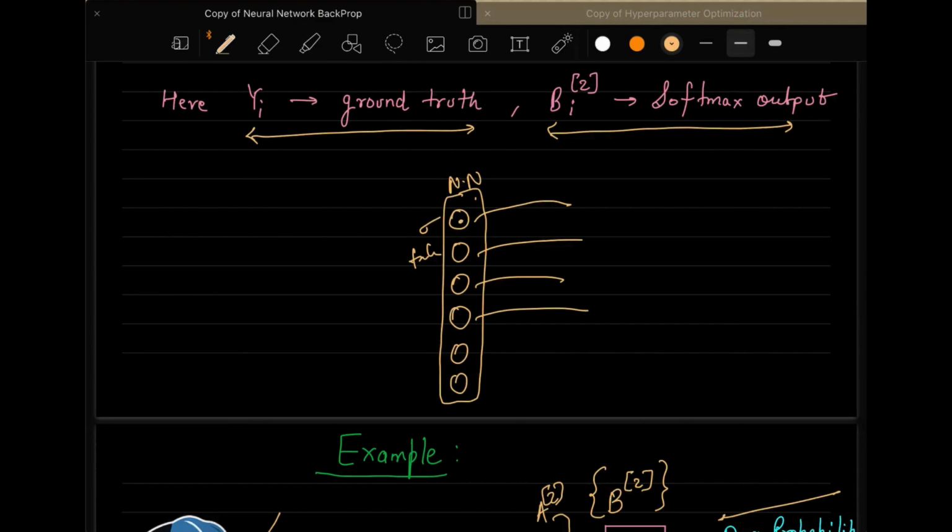But once we get these values, then we will be transforming that using softmax to get another vector, which is the softmax output. So the softmax is not the activation function for the last layer of the neural network. No, it's not that. You have to transform it depending upon the situation, depending upon whether you are using multi-class or multi-label, which I will be discussing next.